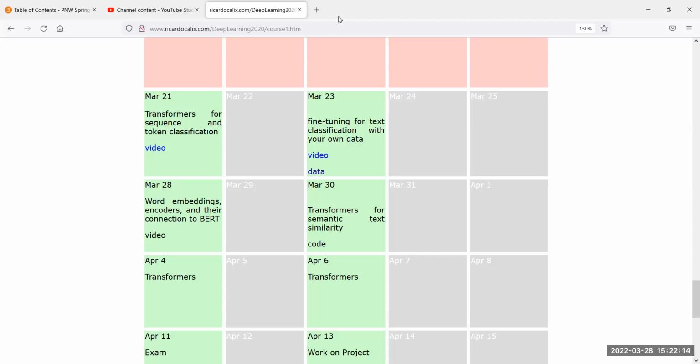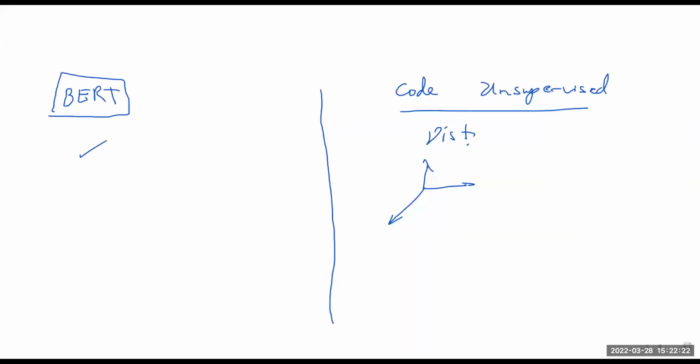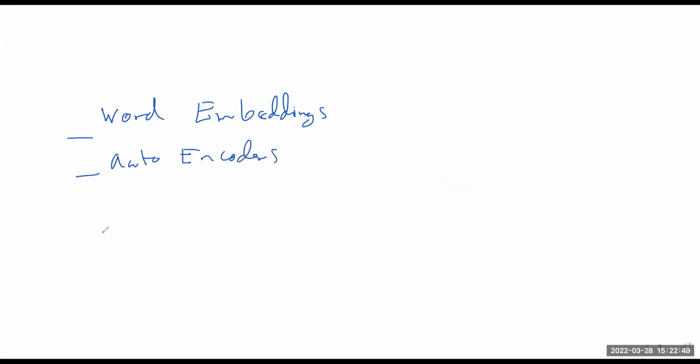All right, so for this, I'm going to switch over to the whiteboard again. And now we can formally start the BERT discussion. So actually, we have word embeddings, we have auto-encoders, and then we have BERT.